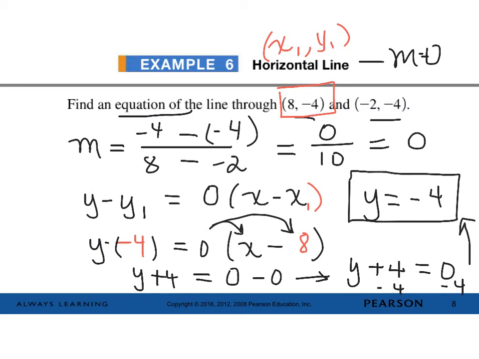And that is in complete agreement with what we see here. The y value here is negative 4. The y value here is negative 4. So this equation, y equals negative 4, is the equation of a horizontal line.